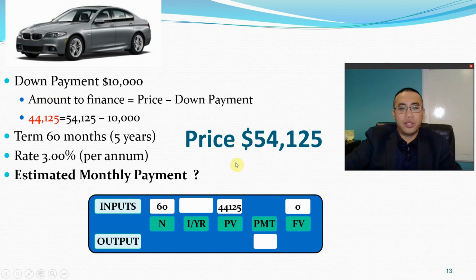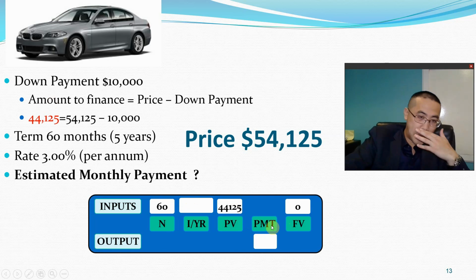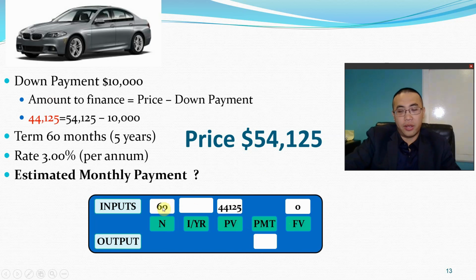So what you do here is put everything on a monthly basis. Of course, this payment will be solved on a monthly basis, and you have to use the number of months, not the number of years, and this interest rate is the monthly interest. So you've got to put 3 divided by 12 to give you 0.25%. All right, and then you solve for the payment, and that is negative $793 roughly.